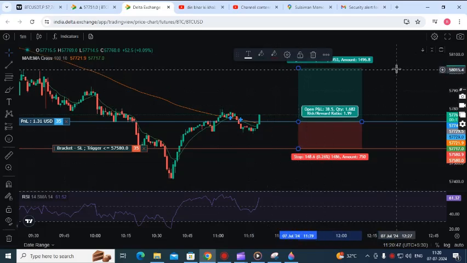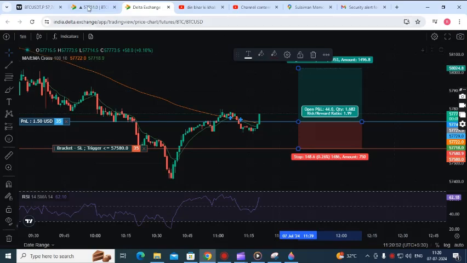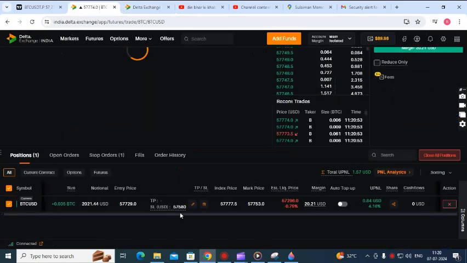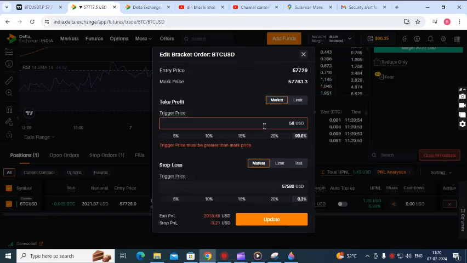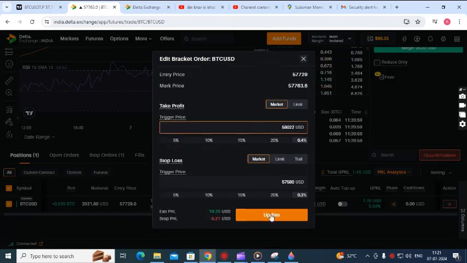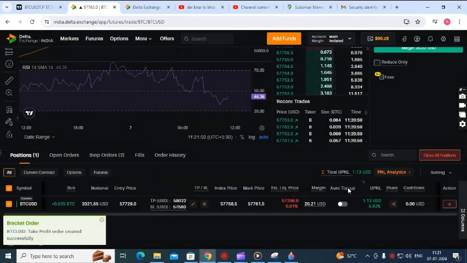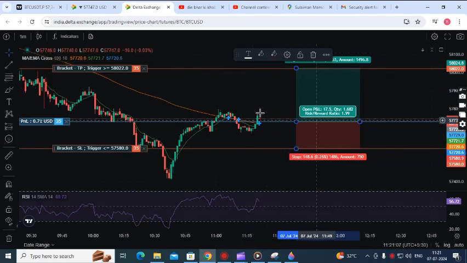So I will add a stop loss here, 58,022. So stay tuned, guys. I will update you once it hits the trade or it's out of the trade.